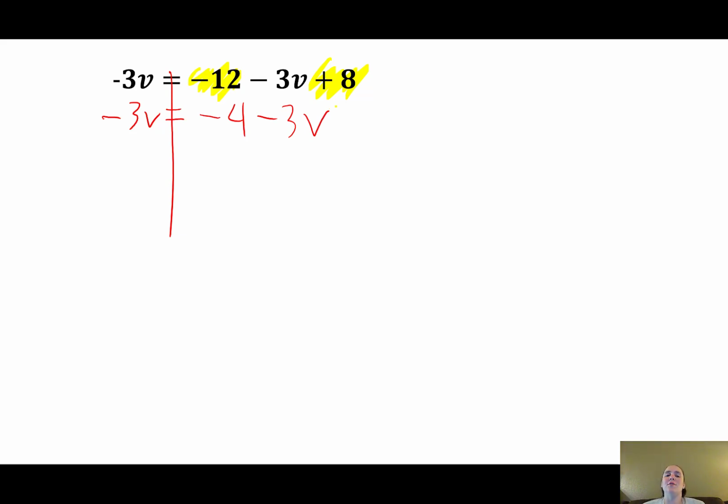So now I do have variables on both sides. In this case, it doesn't matter which one I do. I'm going to move the left one this time.